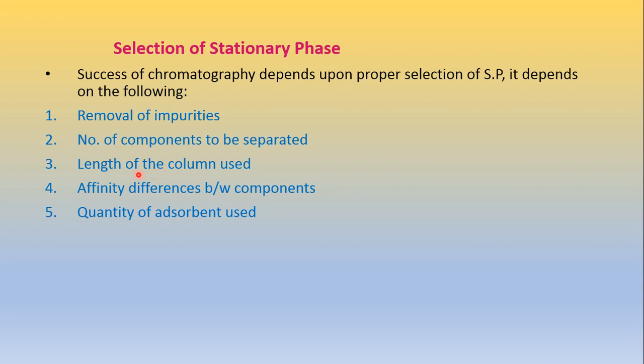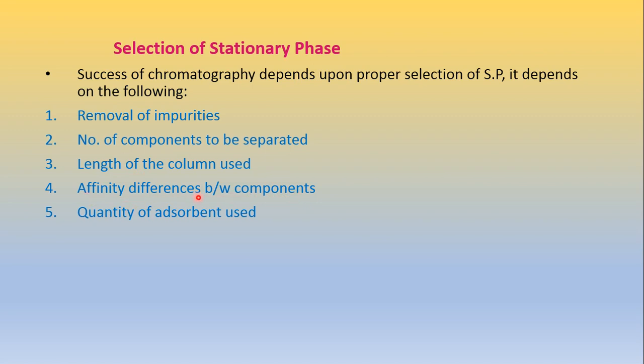So to separate those low retention time components effectively, we have to use long columns. Affinity differences between components.